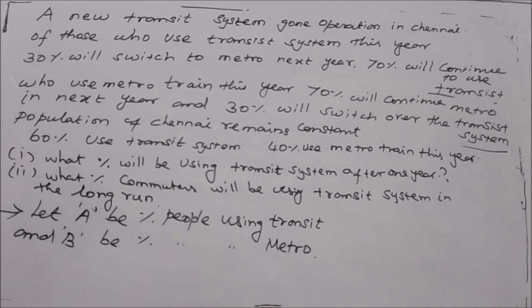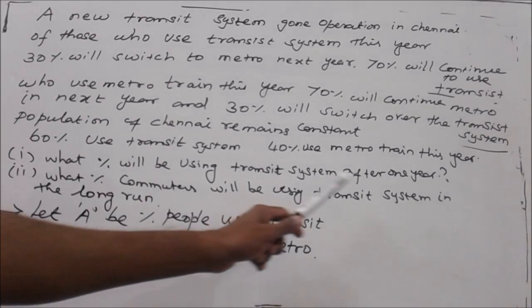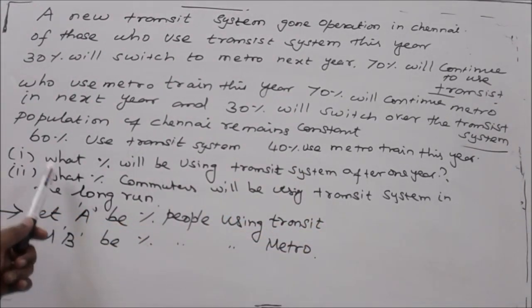Suppose the population of Chennai city remains constant and that 60% of the commuters use the transit system and 40% use metro train this year. That is the present situation, 60% and 40%, our distribution function.